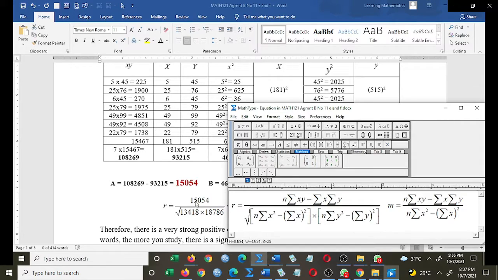As you can see, all these calculations were done, and this is the numerator. It is the exact same number that M needs. So M is related with R. There's a link between them. They share the same numerator, which we got as 15054 through these calculations.